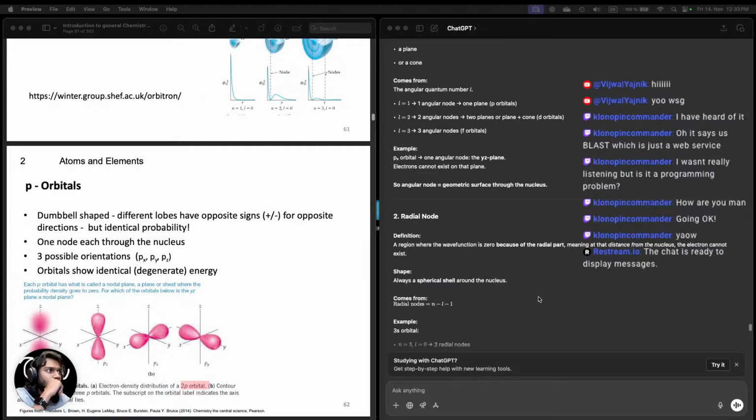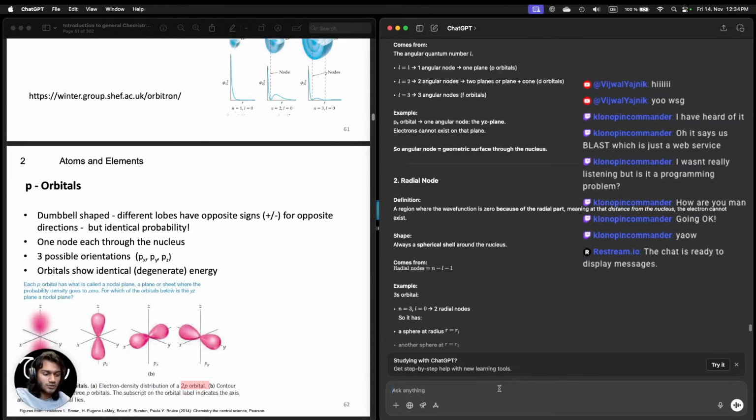So only the S subshell has a radial node and the others have angular nodes.